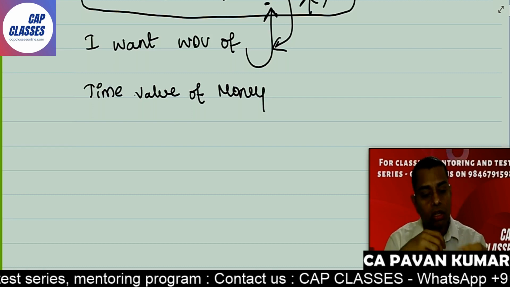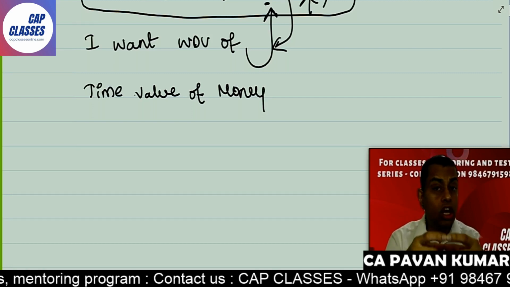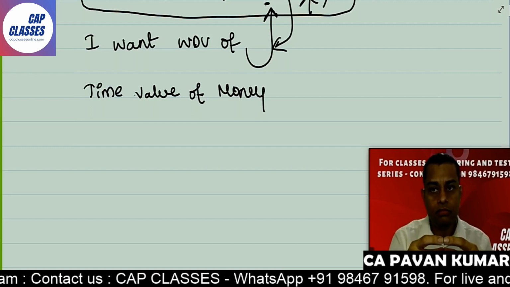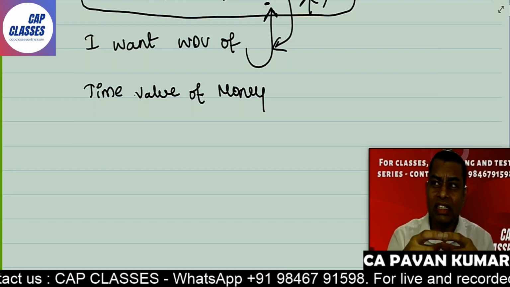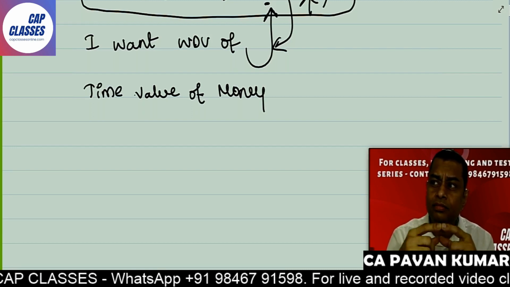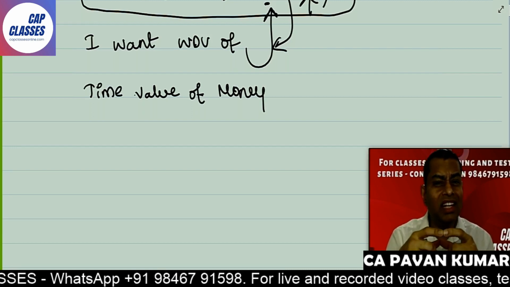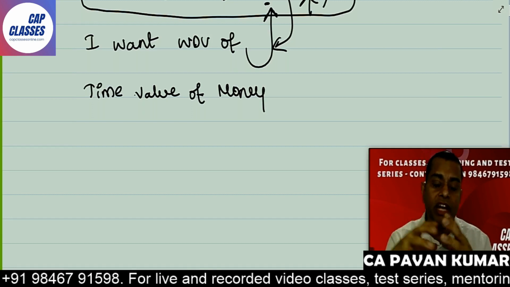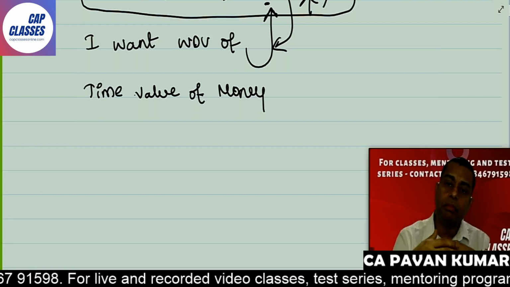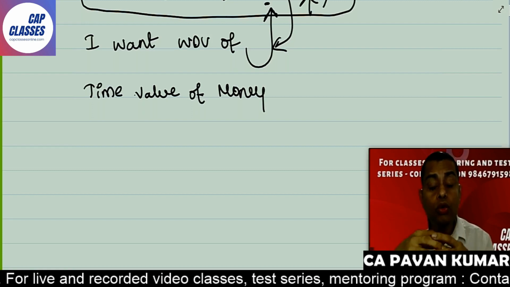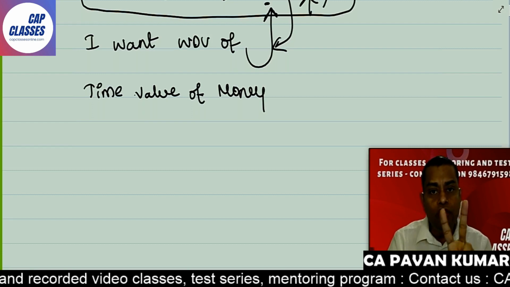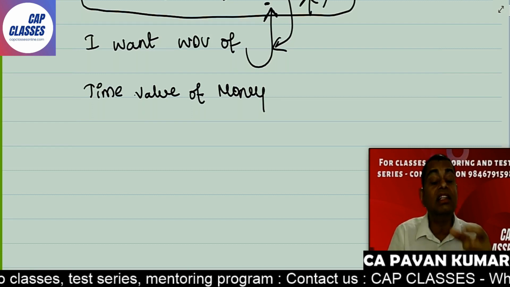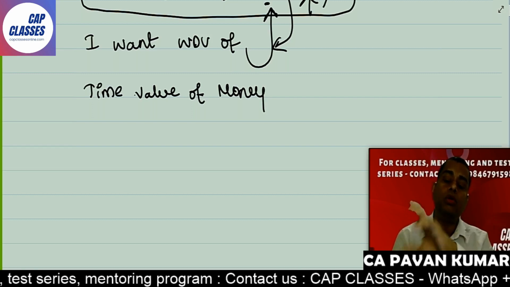Do you know the consideration Google paid when they acquired it? It is around $1.6 billion. Do you know YouTube earns that now in 2 weeks? The 2 weeks revenue of YouTube today is the purchase consideration paid by Google to acquire YouTube.